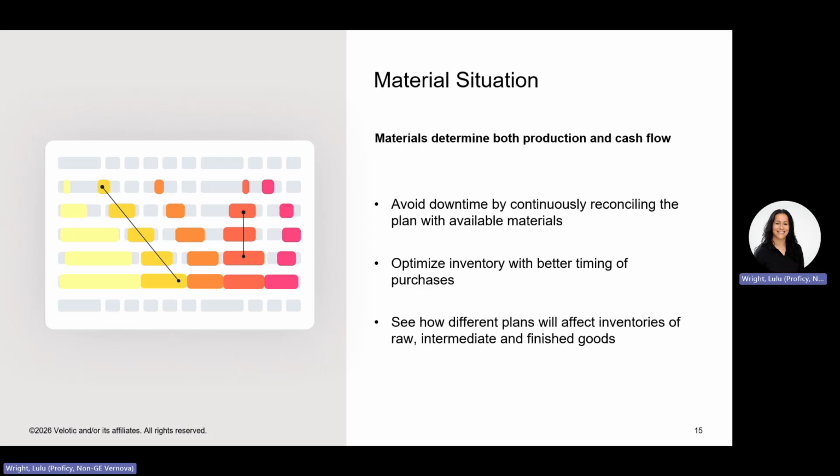Material situation. Being able to avoid or minimize downtime by reconciling the plan with your available materials. This can enable inventory optimization, for example, with better timing of purchases. And it can allow you to see how different plans will affect inventories of your materials.